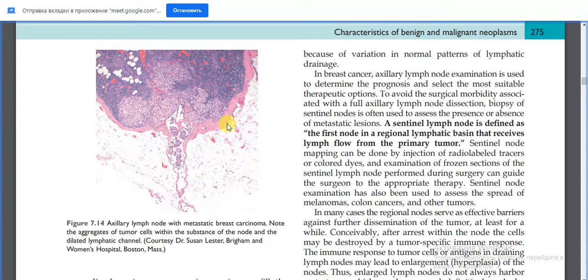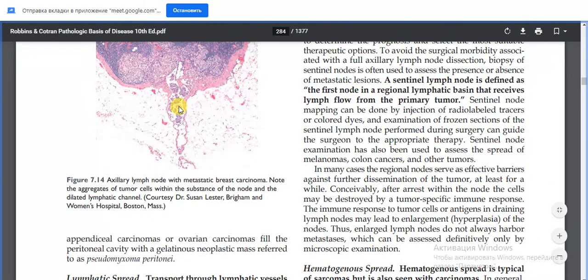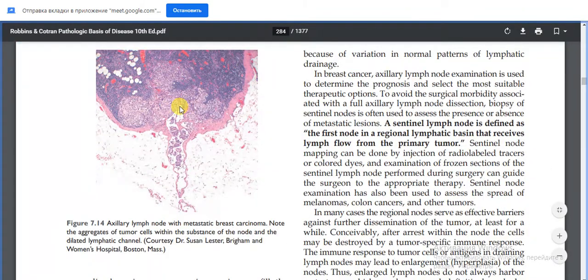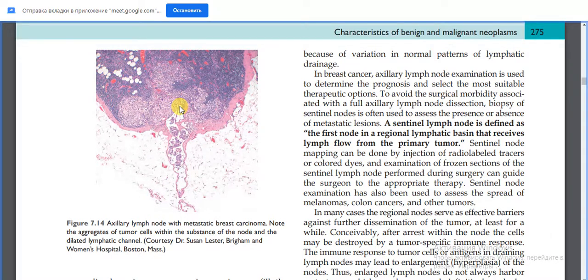Because usually the most common way of spreading of tumor is lymphatic pathways. And then lymph nodes play a role like checkpoints for this tumor, and it postpones the spreading of cancer.